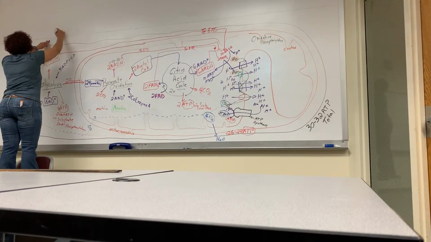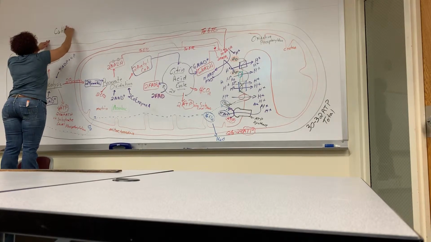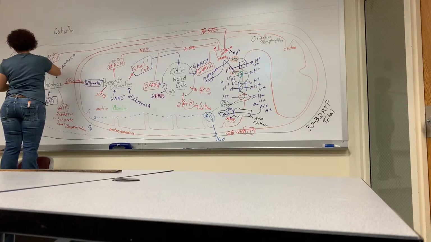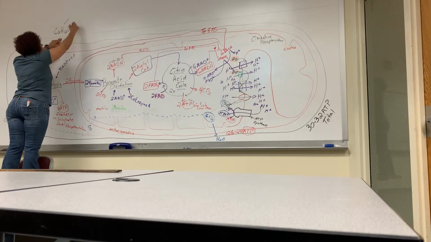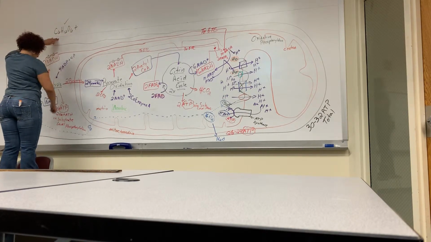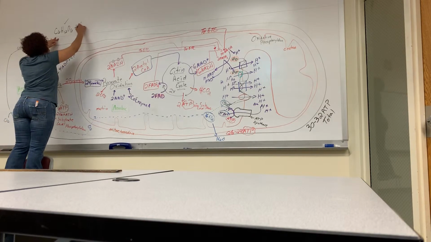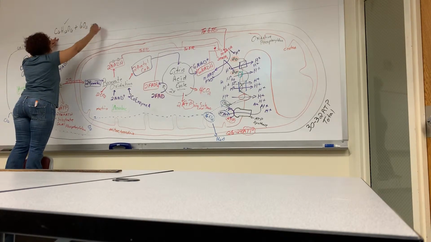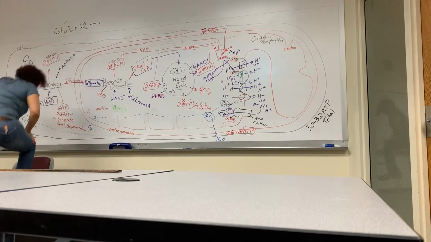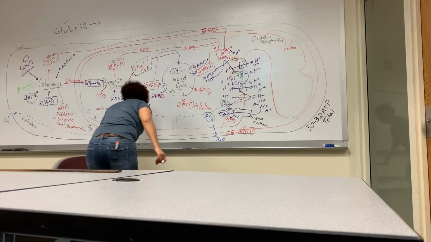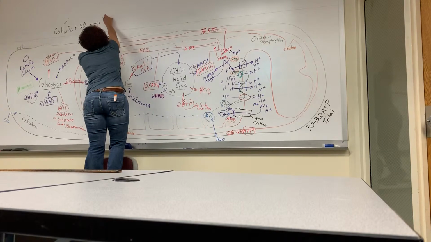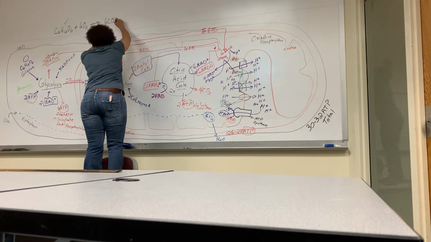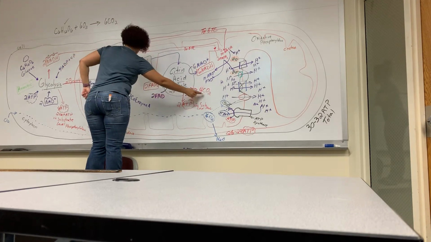Alrighty. C6H12O6, sugar, check. Plus oxygen. Look at that, oxygen. 6 O2 molecules. Going to yield carbon dioxide, 6 CO2 molecules. Look at that, CO2 molecule here, 4 of them.